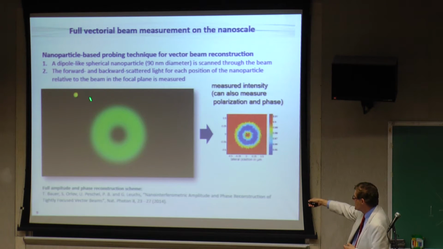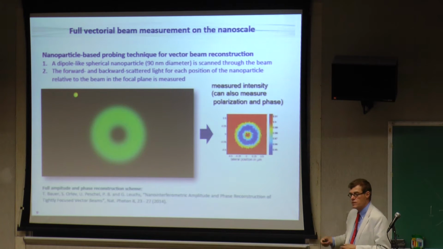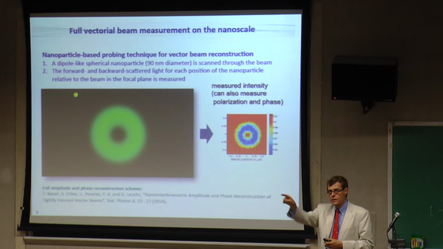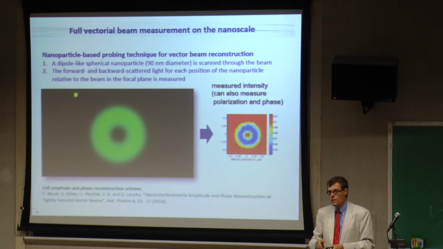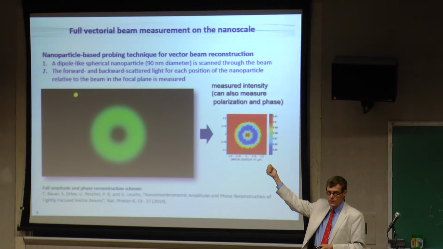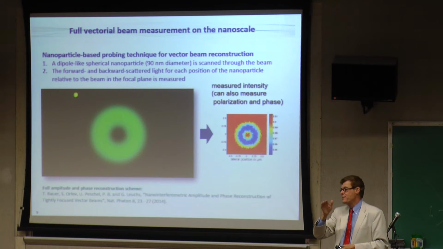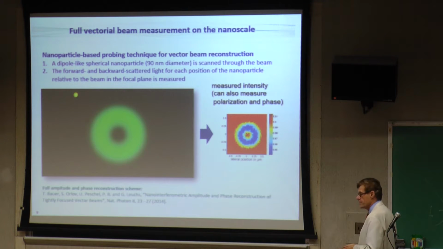We raster scan it through the focal region, and we look at the scattered light. There's light scattered in the forward direction, light scattered in the backward direction. We can put a polarizer in that beam so that we can independently measure the X, Y, and Z, or Z in Canada, polarization components of the scattered light.